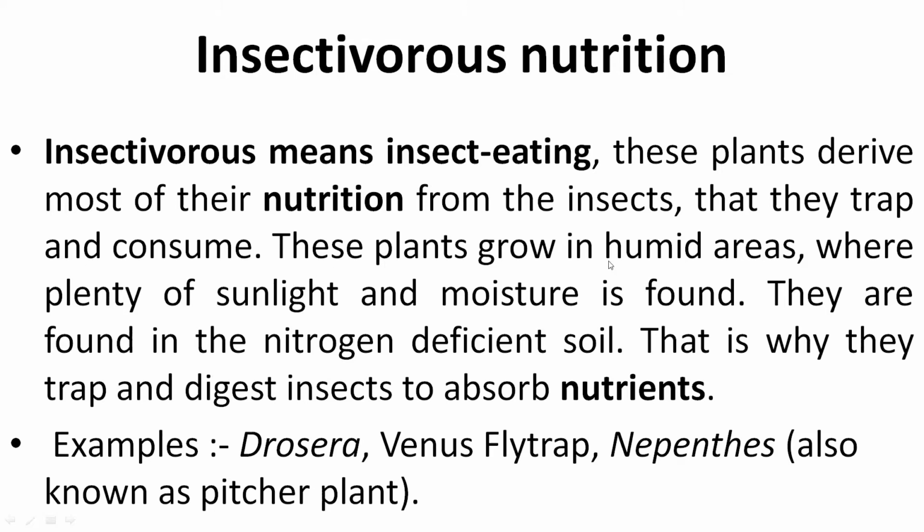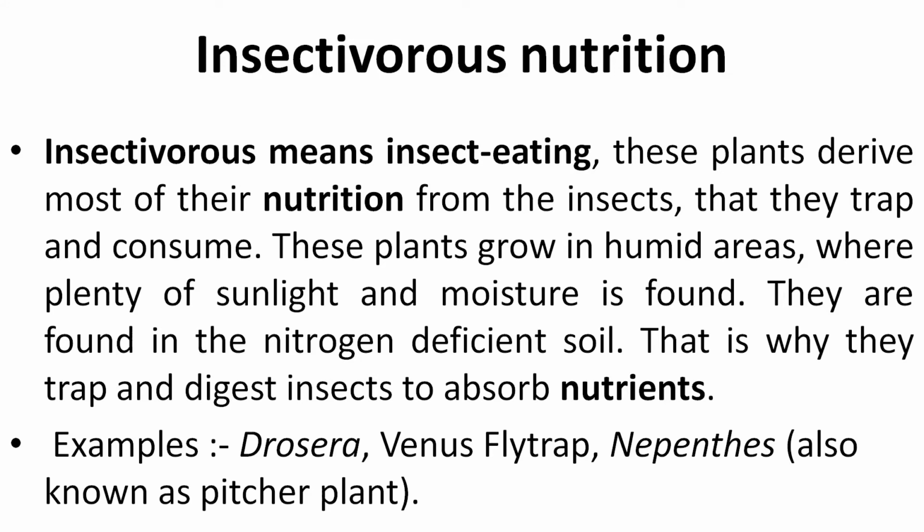These plants grow in humid areas where plenty of sunlight and moisture is found. These are found in nitrogen deficient soil. So, you know that nitrogen is the main constituent, or the main nutrient, for the growth of the plant.